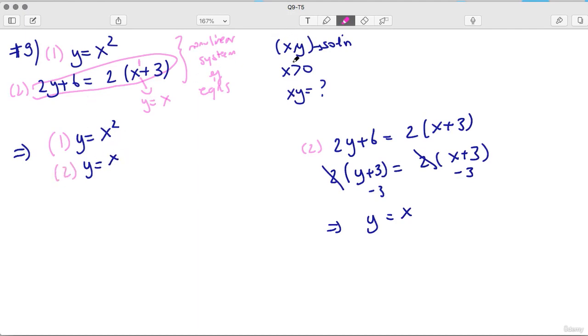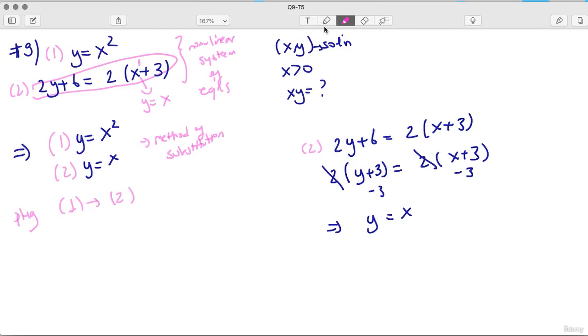So now we are solving for this point (x, y). I'm going to use the method of substitution. How does that work? I'm just going to take this y value and plug the first equation into the second equation.